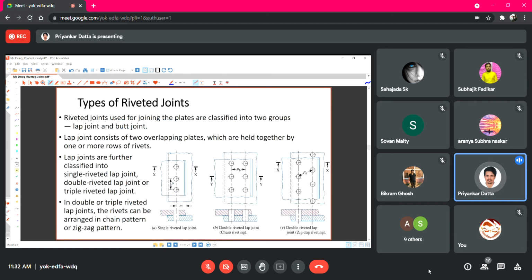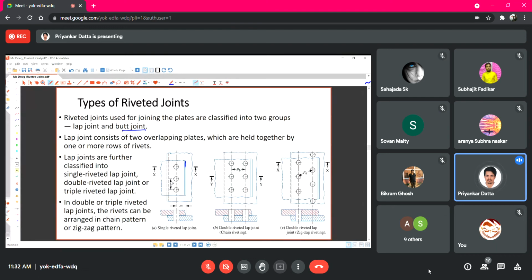Another type is the butt joint. In the next slides I'll show what a butt joint is. Now there is another classification depending on the number of rows. It is termed as single riveted or double riveted. Now, how do we specify a row of rivets? A row is the line of rivets, or the arrangement of rivets, parallel to the edge of the plate.